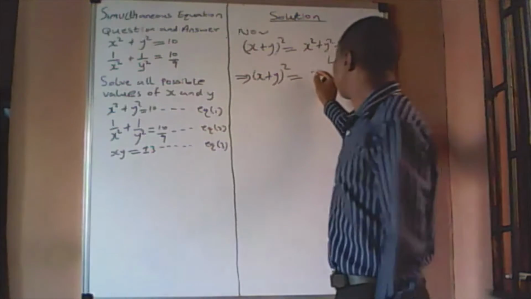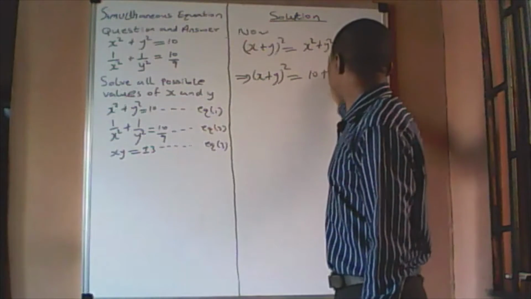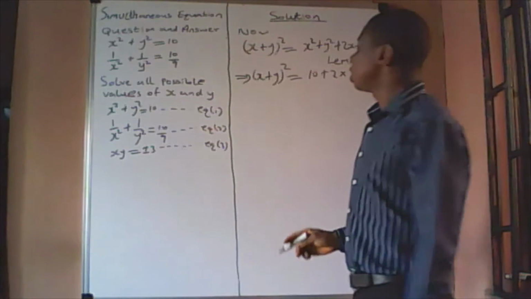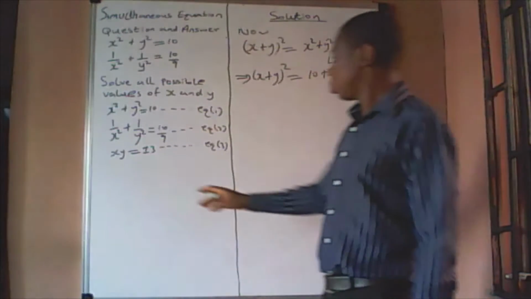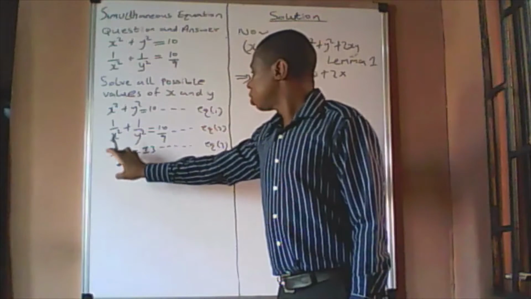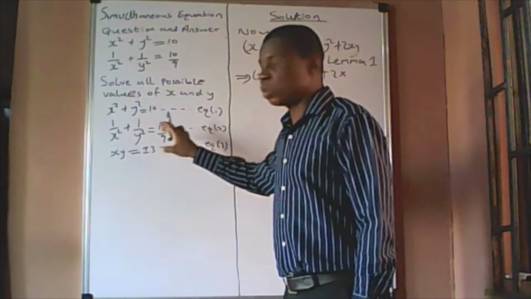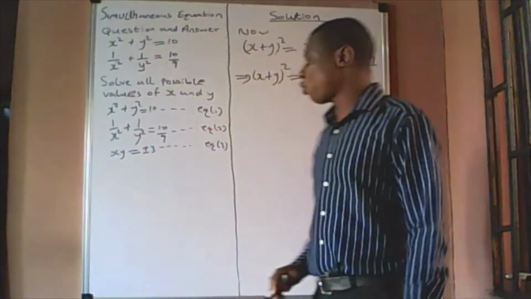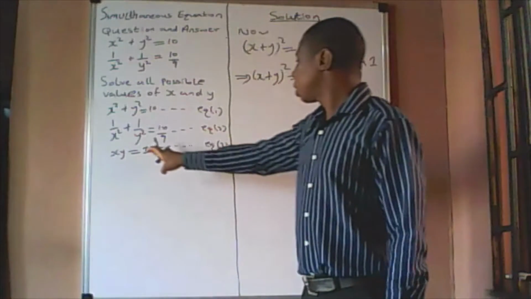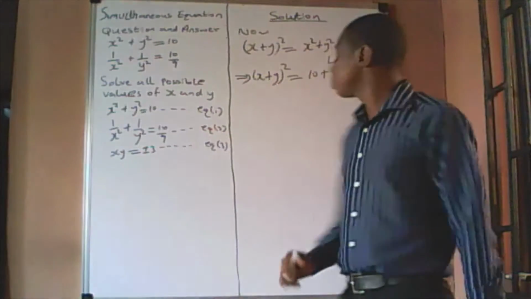So put it here, we have 10 plus 2 times the value of x times y, which is plus or minus 3. But we are going to first of all consider plus 3.